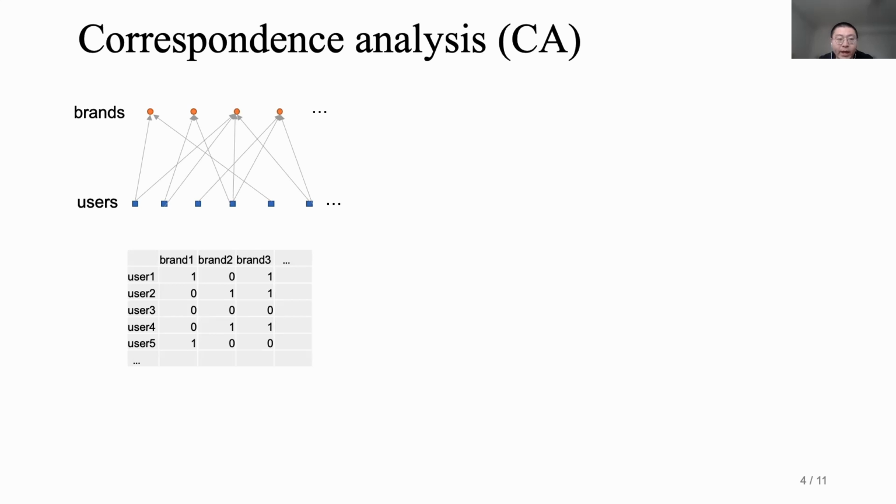For example, we have the bipartite network of brands and users represented with the two-way contingency table, and correspondence analysis can summarize it in a lower dimensional space, for example, in a two-dimensional graph. Similar to principal component analysis, correspondence analysis identifies a low-dimensional space so that the variance of the original matrix is explained by the dimensions in descending order.